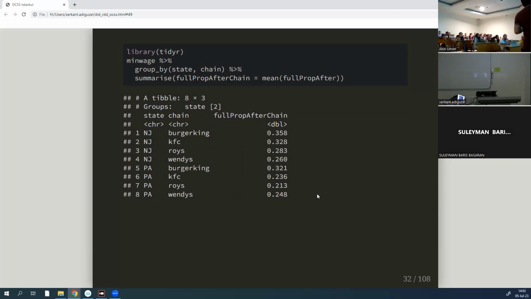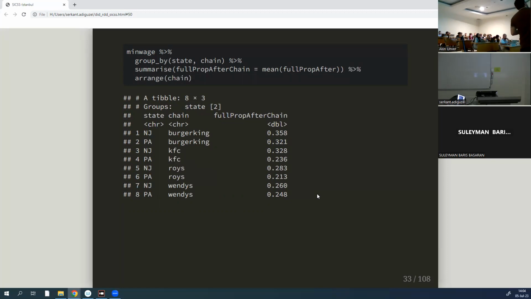And then you can look at the difference in means for each state and chain, right? So we can simply compare New Jersey Burger King with Pennsylvania Burger King, New Jersey KFC with Pennsylvania KFC, and this is more similar in terms of what we compare.